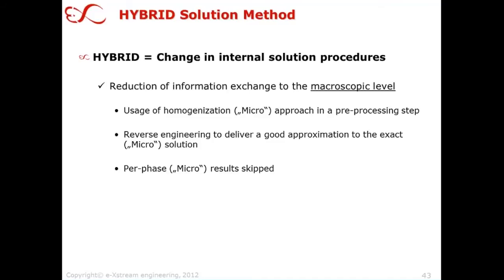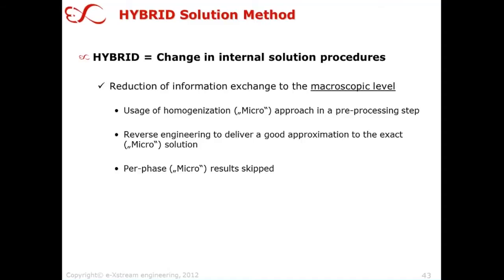So as I said, hybrid means basically not a change toward DIGIMAT material models, but a change in the internal solution procedures. We take our material model as it is, so micro and everything I told you, and then we reverse engineer a good approximation to the exact micro solution on the macroscopic level. This means that all the details of the per phase results and everything that you can get with micro, looking deeply into the stresses of the material matrix, for example, is skipped.